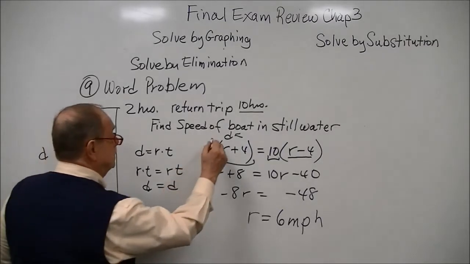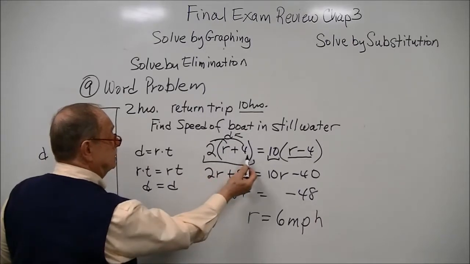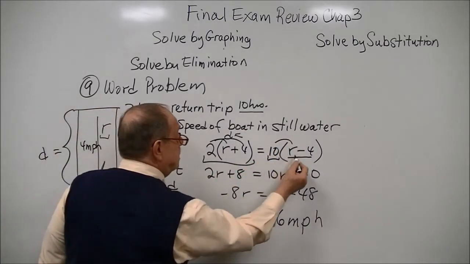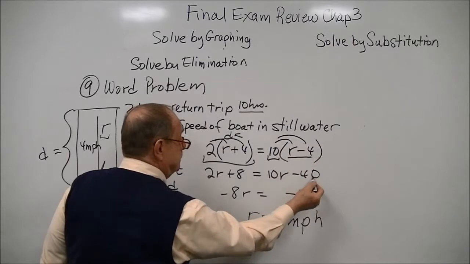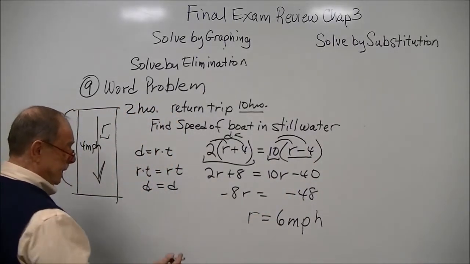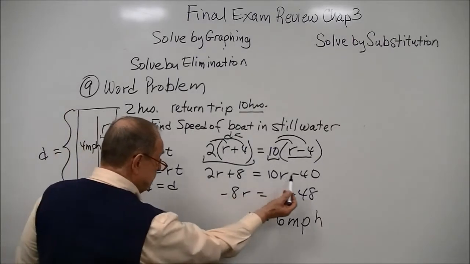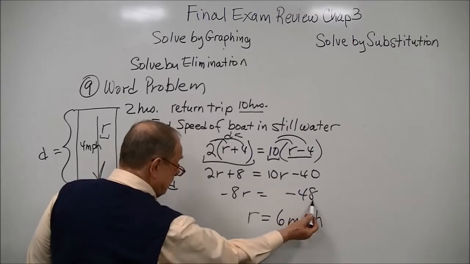So I distribute, and I get 2r plus 8 equals 10r minus 40. Okay, kind of easy. And then now we're going to subtract 8 from both sides. This gives me a 48.